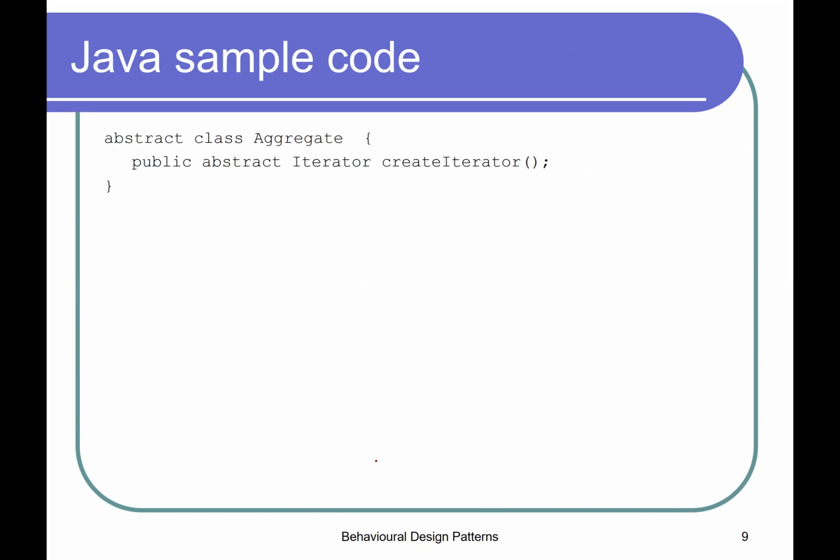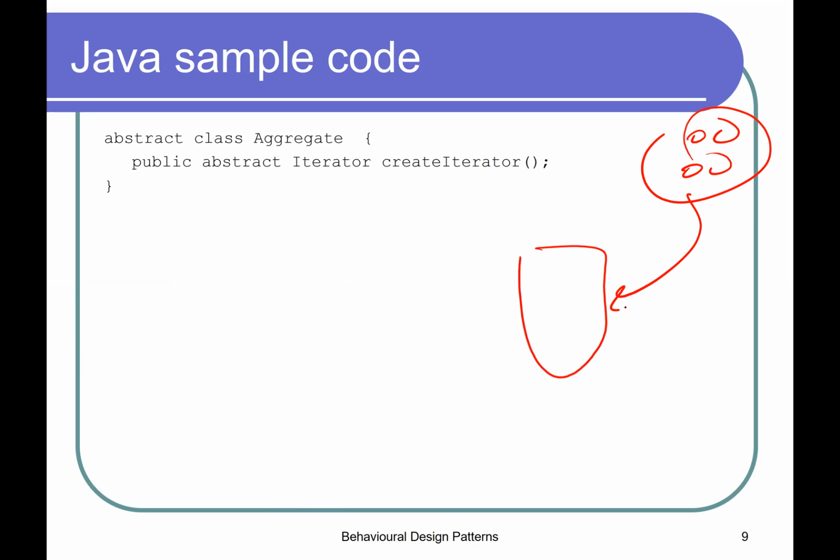Okay, so let's go now to the code level. First I'm defining something called an aggregate, and every time I create an aggregate, in other words, an array to hold my objects of interest, that array has to come attached with some sort of an iterator.